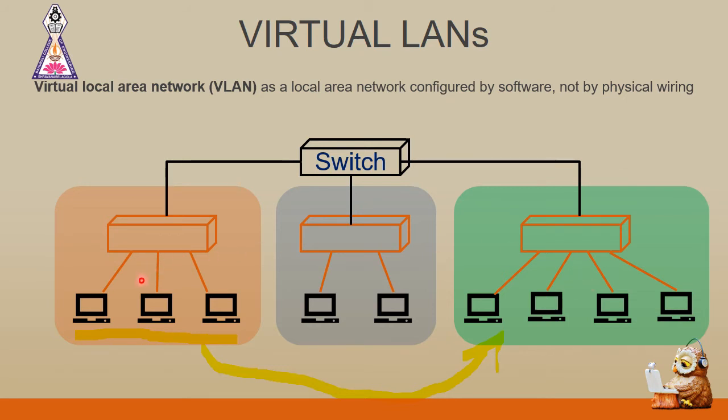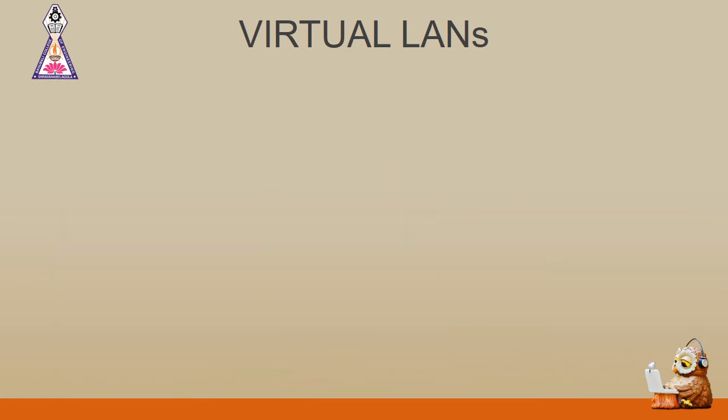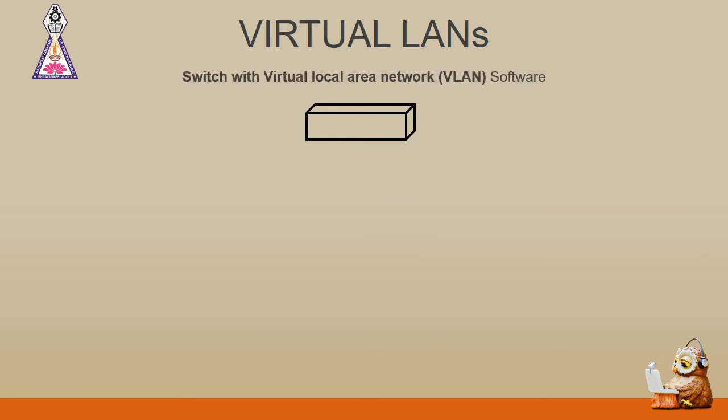Thus, changing a physical topology every individual time is a tedious job for a network administrator as well as for the users. So the solution is proposed in terms of a logical configuration which overlays the existing physical topologies. Here, the existing switched LAN is now divided into virtual LANs.